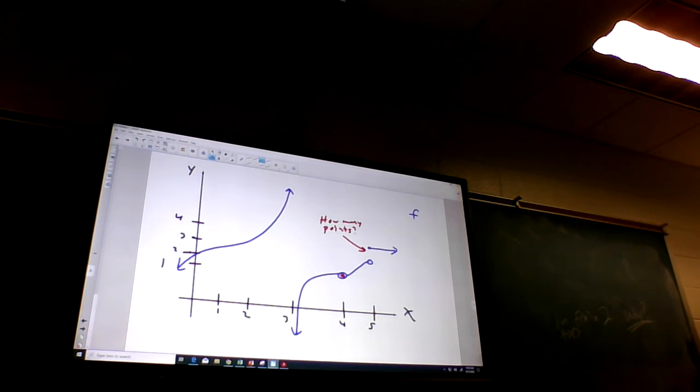Why is the limit of f of x as x goes to 0 equal to 2? How would you justify that? Should I just tell you?